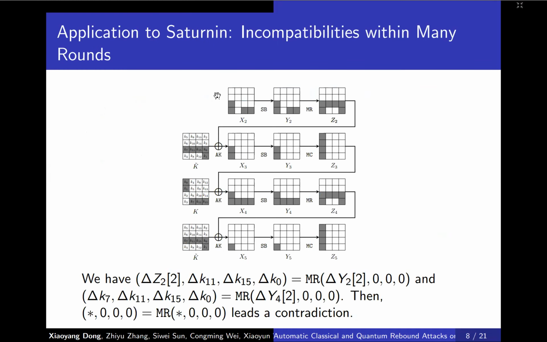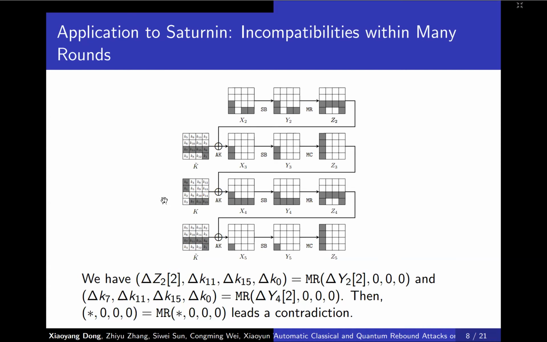When applied to Saturnin, we have to deal with many incompatibilities because Saturnin's key schedule is very simple. For example, in this four-round truncated differential, we can get one equation in this round, and another equation in this round, and we can add these two equations to find a contradiction.